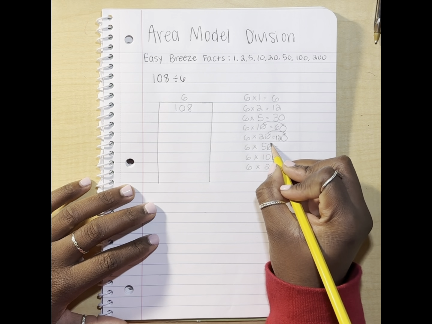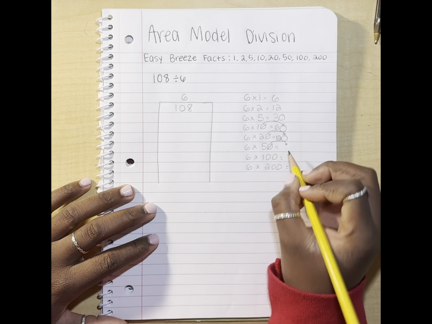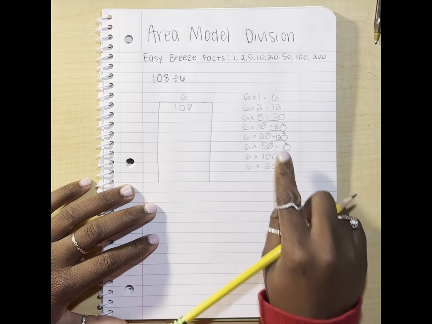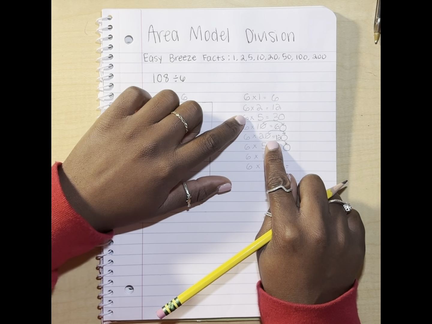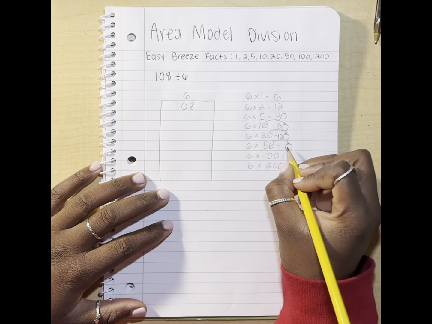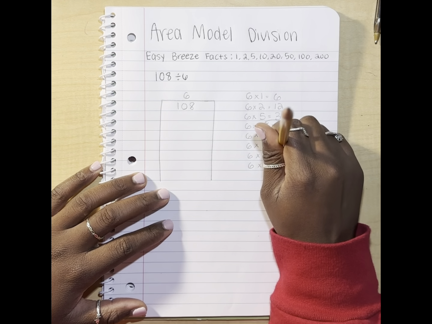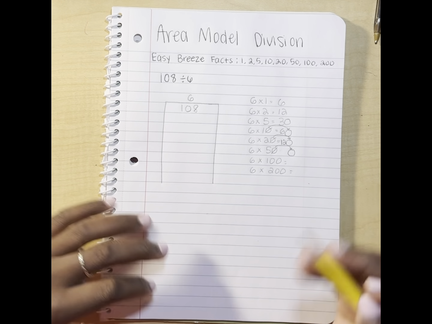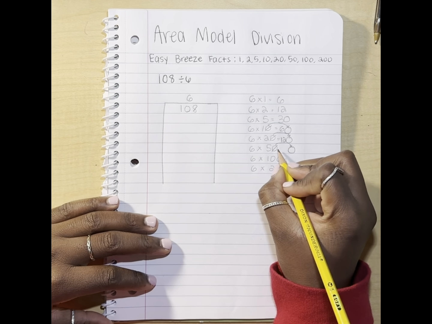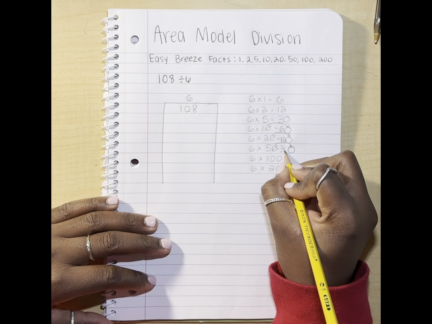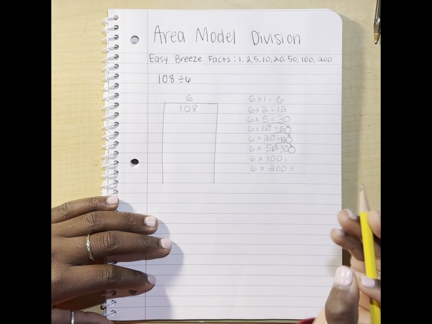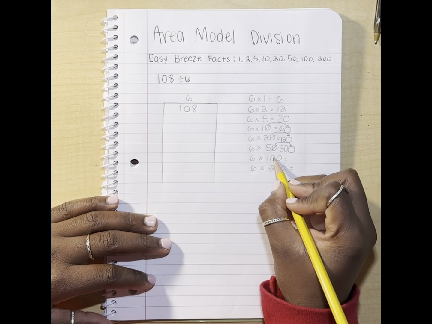Same thing here. Don't forget to move it though. 6 times 5, I already did, which is 30. So now I have 300. I can do the same thing with 2 zeros, just moving 2 zeros this time.